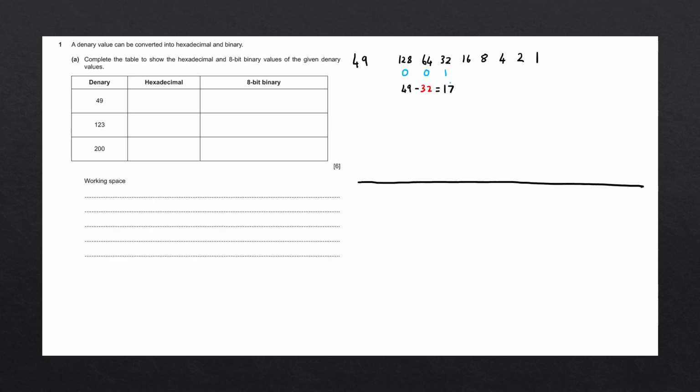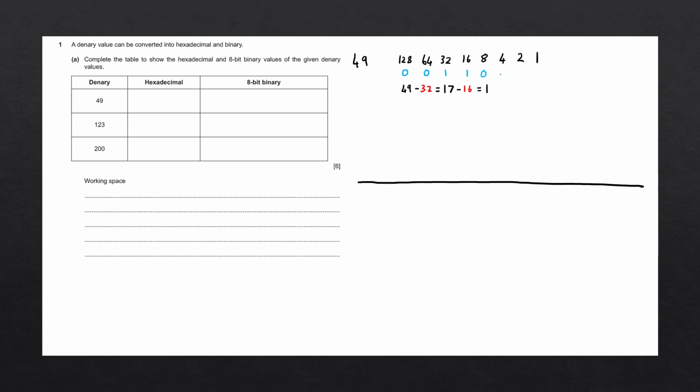We're now looking at 17 as our base value. Does 16 fit into 17? Yes, it does. So we're going to subtract 16 from 17. This is going to result in 1, and we're going to place a 1 underneath 16. Next number, does 8 fit into 1? No, it doesn't, so we put a 0. Does 4 fit into 1?